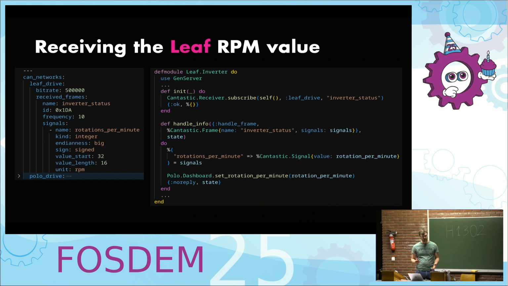So we spawn a process. When it starts, it will subscribe to the inverter status frame, and then Cantastic will send a message to that process every time the frame is received. We extract the RPM value, and then the only thing we have to do is send it to the dashboard process.